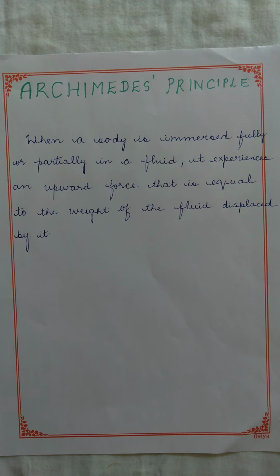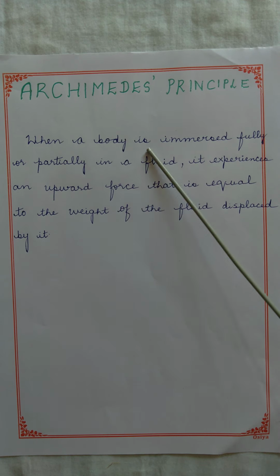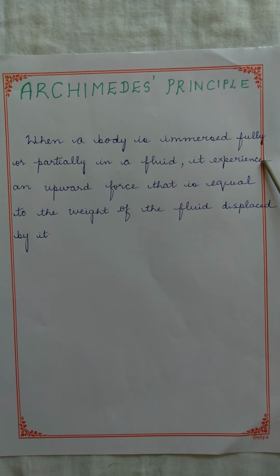Then an equal weight of the fluid gets displaced, and hence Archimedes' principle can be stated as: when a body is immersed fully or partially in a fluid, it experiences an upward force that is equal to the weight of the fluid displaced by it.